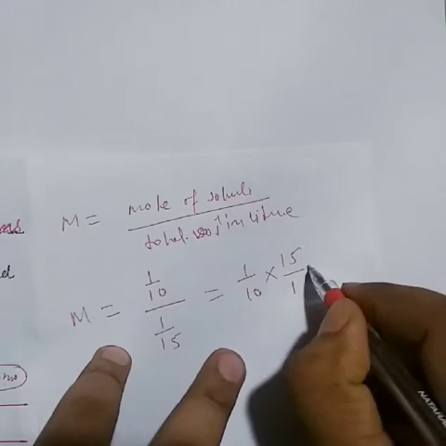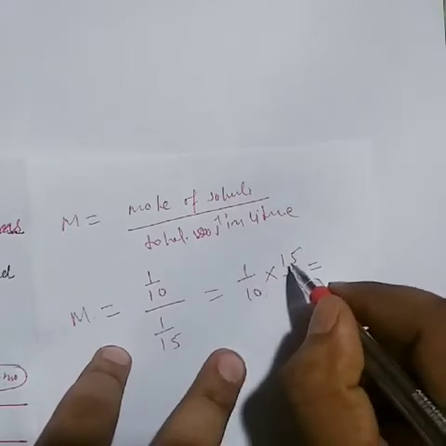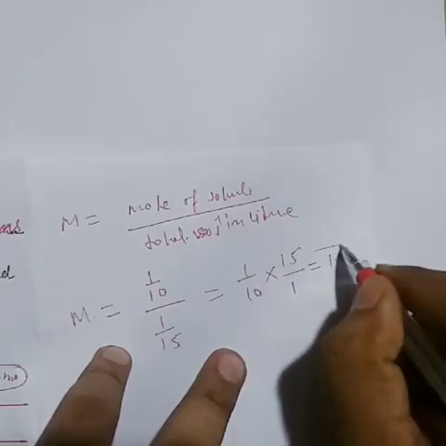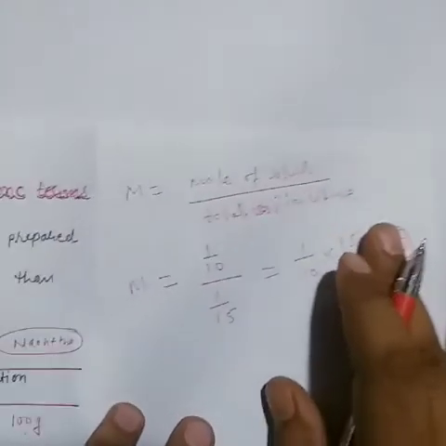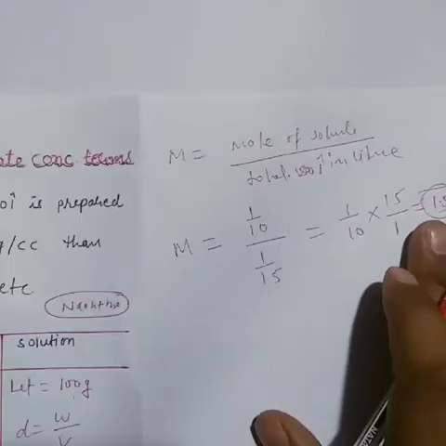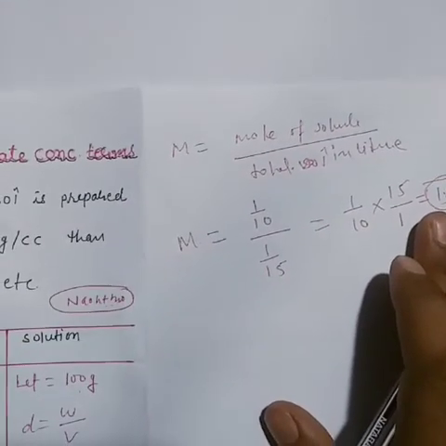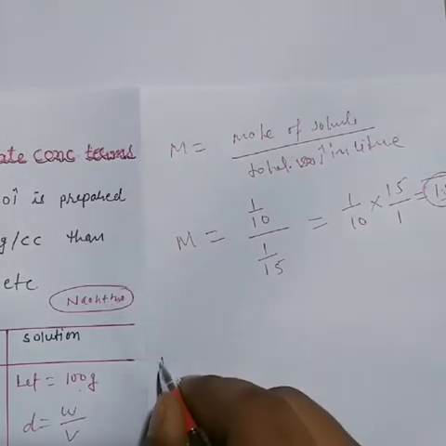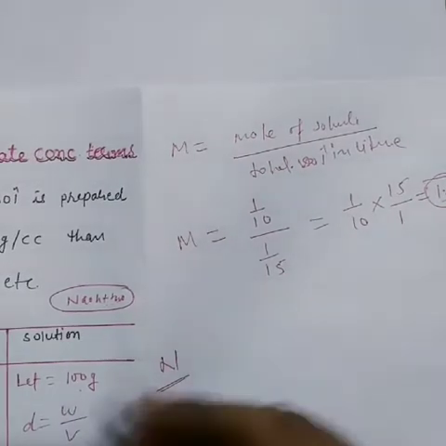So how much is there, that means 10 to 15, 1.5. So molarity is 1.5. And similarly, in another question we calculate normality.